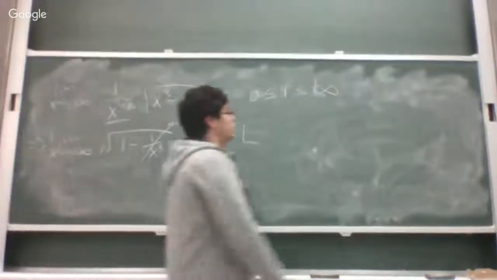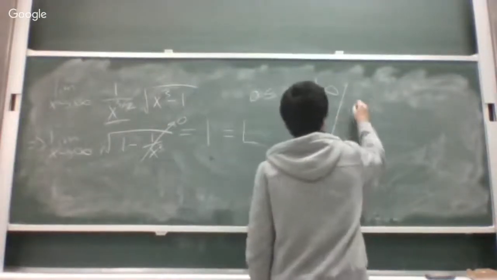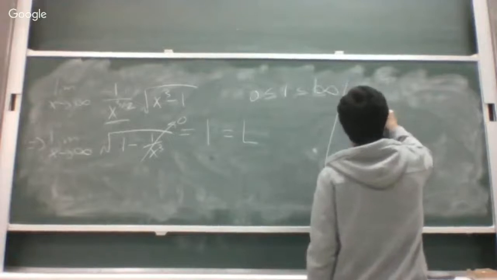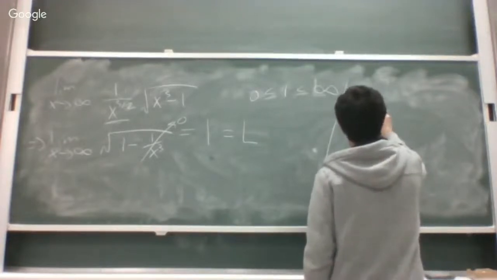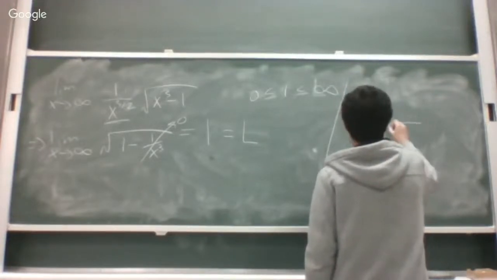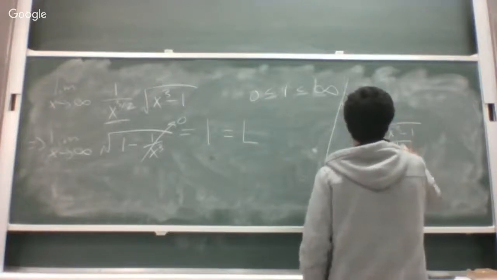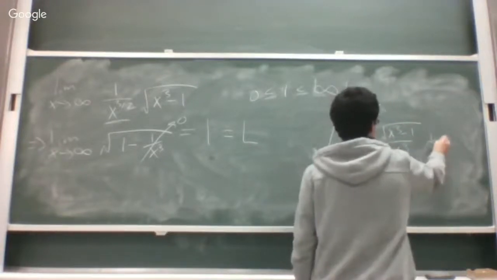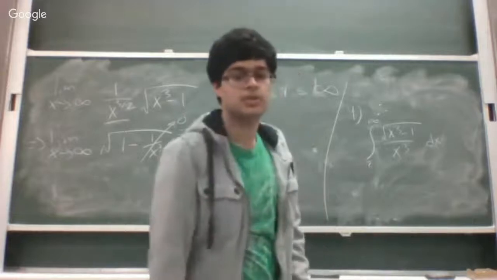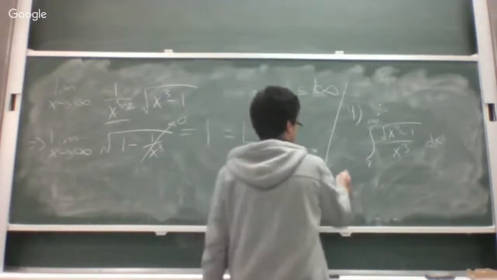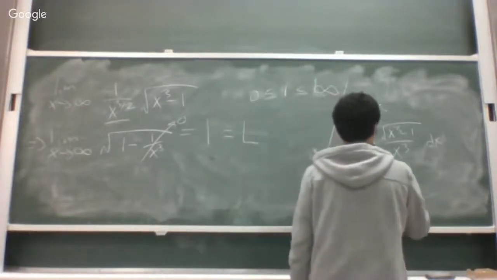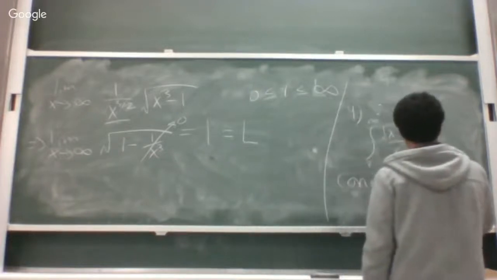And then our fourth step is: therefore the integral from 2 to infinity of the square root of x cubed minus 1 over x cubed dx converges by limit comparison.